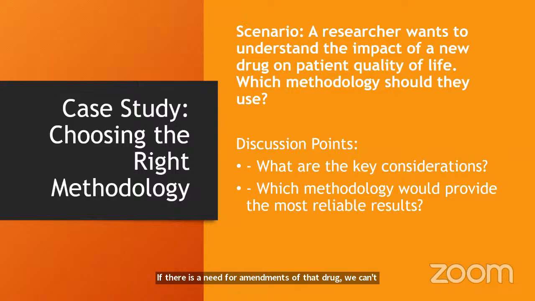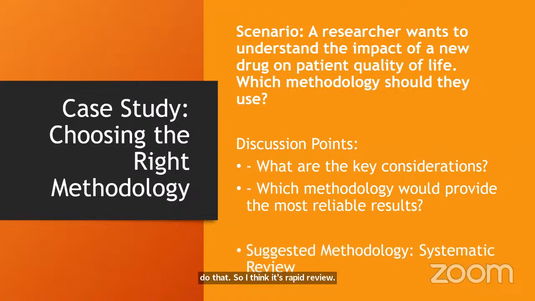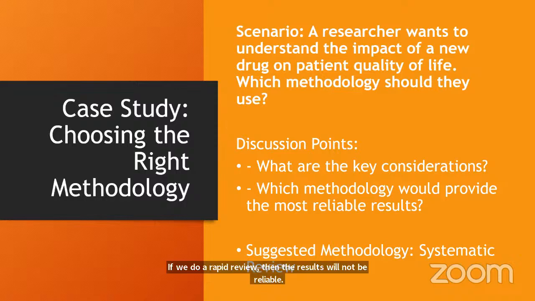Okay. So the right answer is the systematic review because here in the scenario, I haven't mentioned that we are in the emergency. I haven't created that scenario. If we do a rapid review, then the results will not be reliable. So the suggested method is the systematic review.